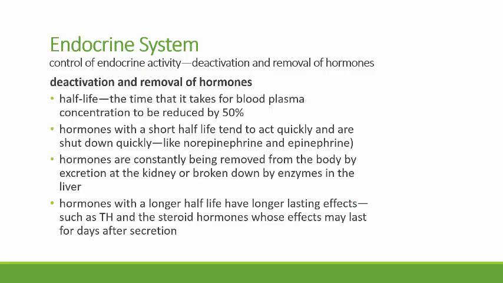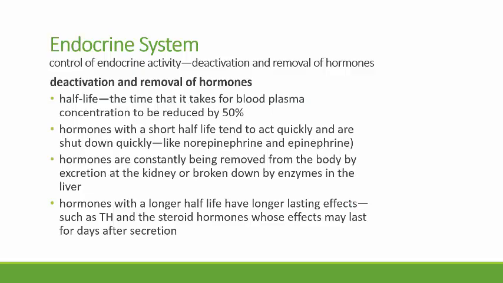Hormones that have really long half-lives, though, for instance thyroid hormone and many of the steroid hormones, have half-lives on the order of days, and can have effects that last for days and even longer after they're initially released into the body. So the shorter the half-life, the more rapid the effect, and the more rapidly the effect is shut down.